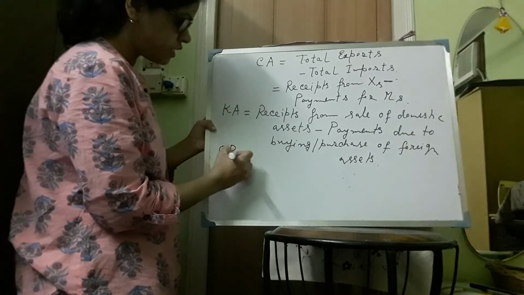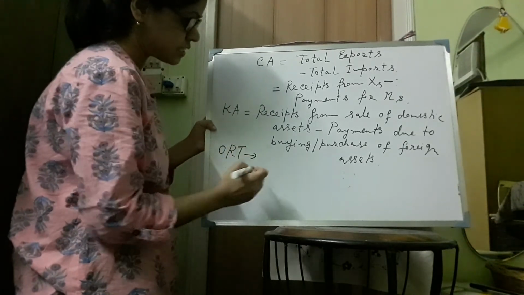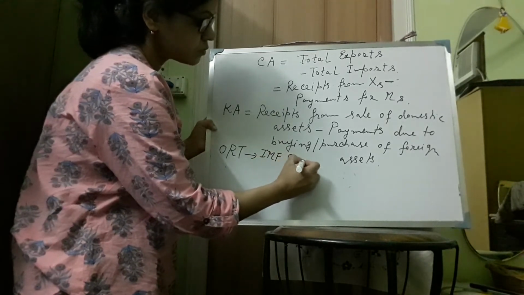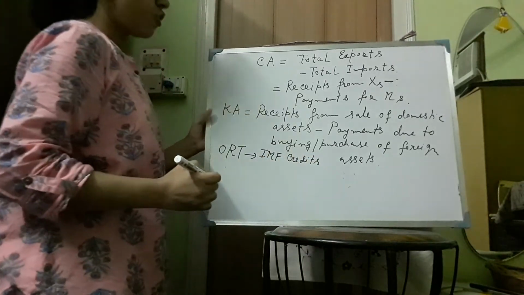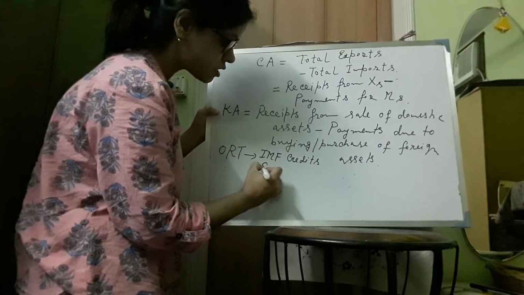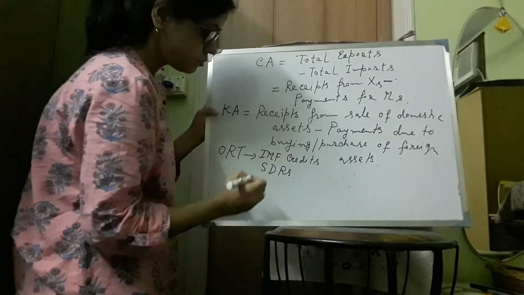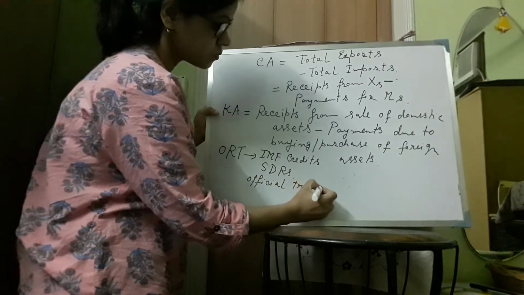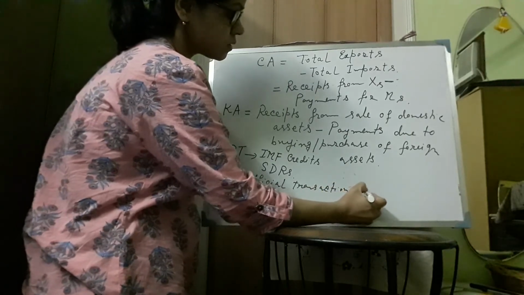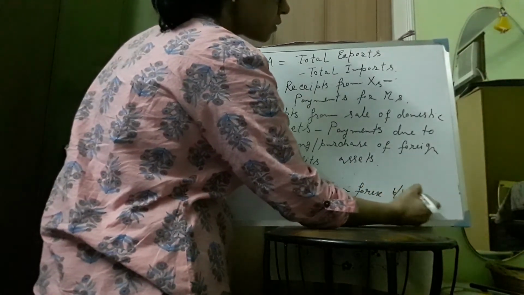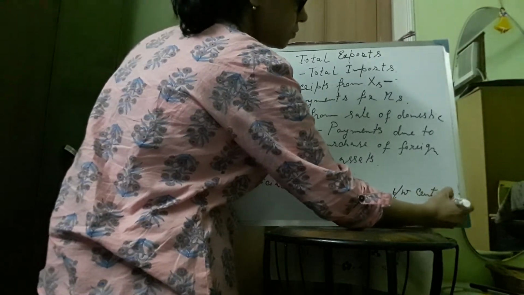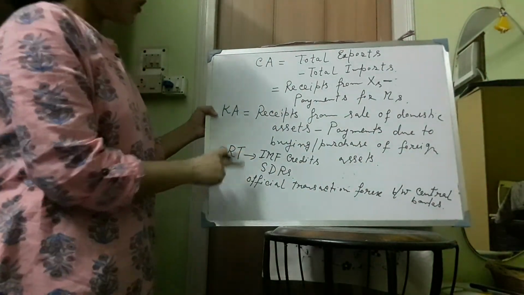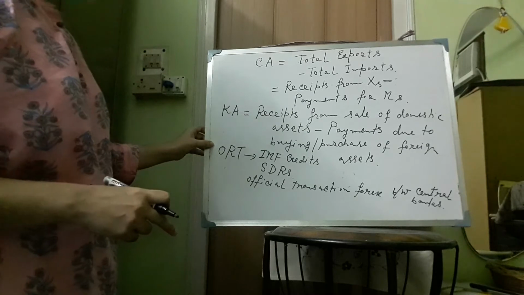And ORT, that is official reserves transaction, consists of IMF credits, that is the credits that countries get from the International Monetary Fund, then SDRs or special drawing rights, then the official transaction of foreign exchange between central banks. So all these components constitute the official reserves transactions.